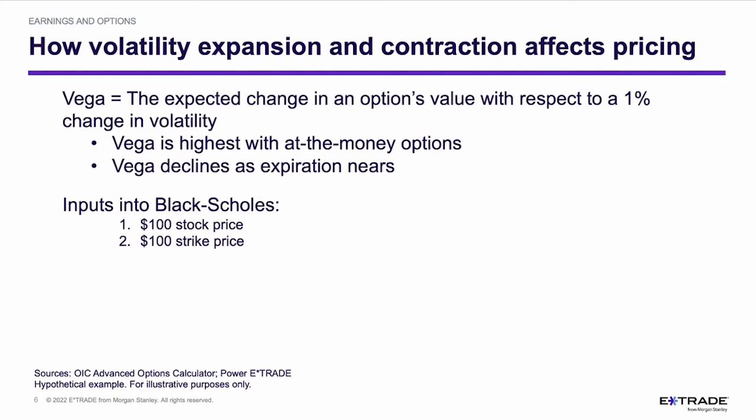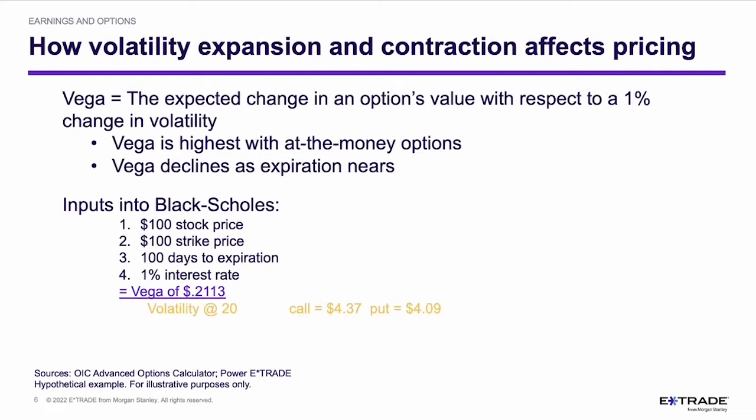We're trying to exclude any intrinsic value, and 100 days to expiration, so again, sticking with that 100 theme, and a 1% interest rate, trying to normalize everything that we can. The Black-Scholes model will spit out a Vega of about 21 cents.